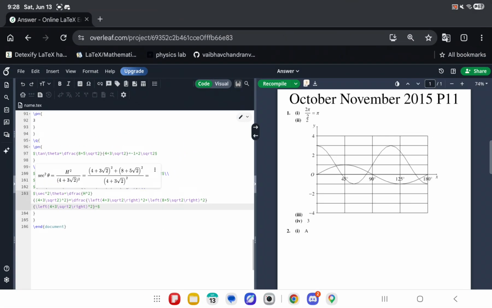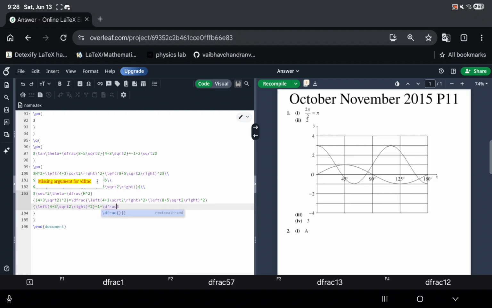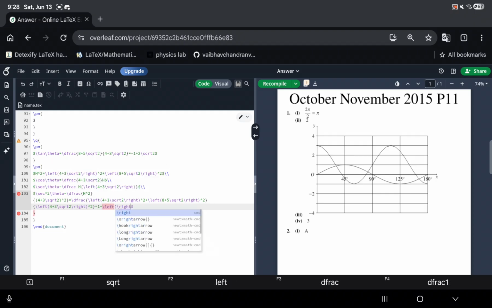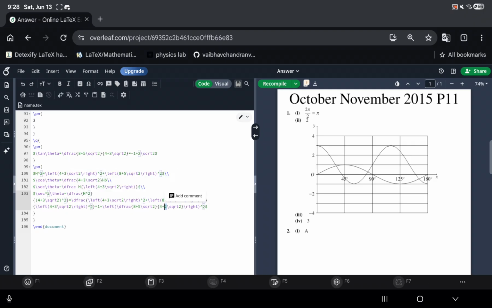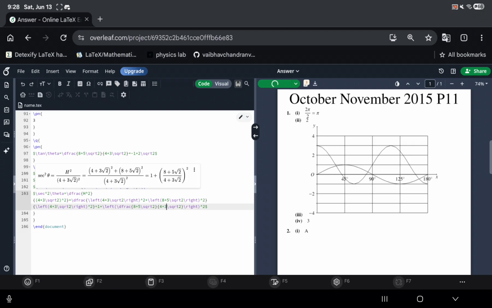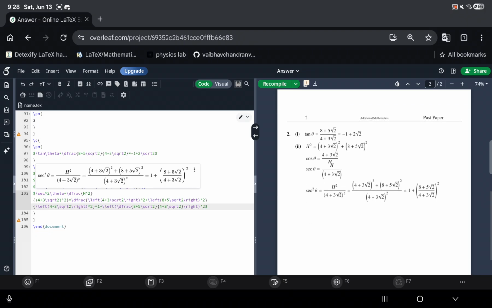Now I will have a shortcut where we have this 1 plus left right square of this fraction. Okay, 8 plus 5 square root of 2 over 4 plus 3 square root of 2. Nice. Look, we have simplified this by magnitudes.